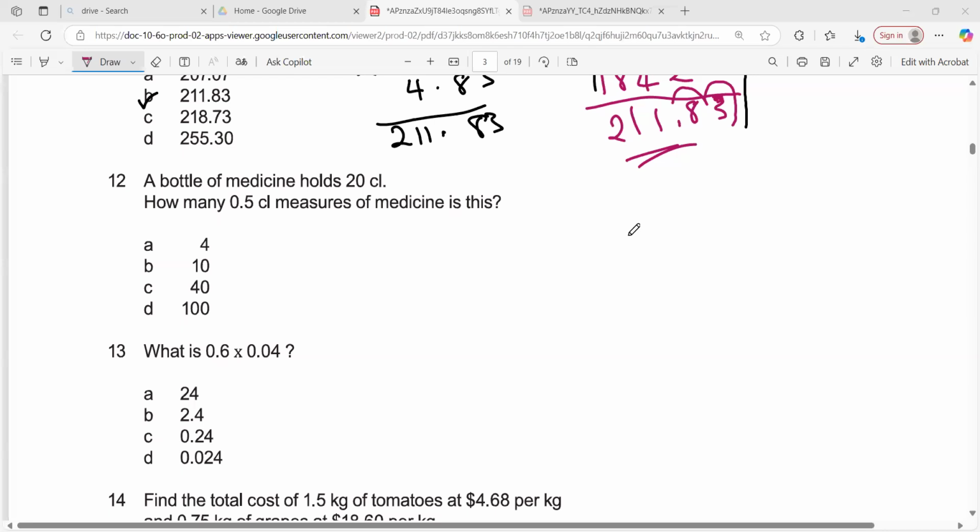I said, what is 1 centiliter, which is 1. So I said, since 0.5 makes 1, I just multiply 2 times 20 to get my answer, 40.